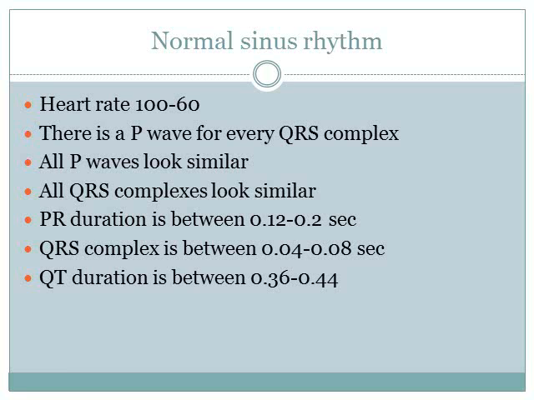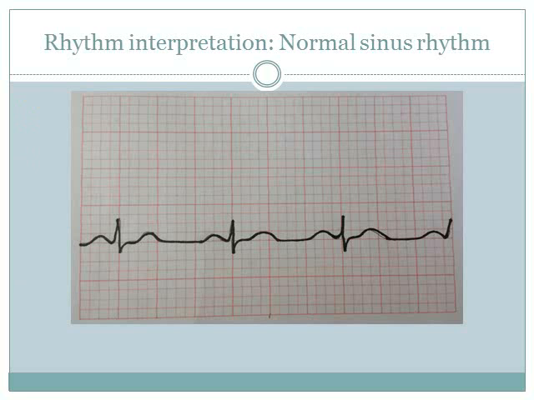Let's have a look at the normal again. Here's the same picture I showed you. We have a P wave, and you can calculate the duration, and then we have a QRS, and then we have the T wave. I first check this first complex, and then I move to the next complex. We have a P wave for the QRS, just one P wave, and then the T wave. Next one, P wave, QRS, T wave.